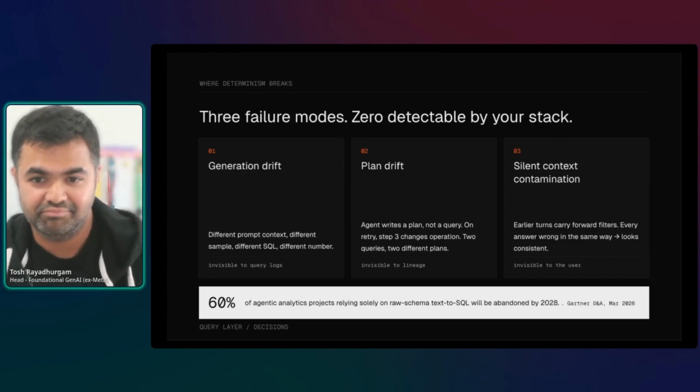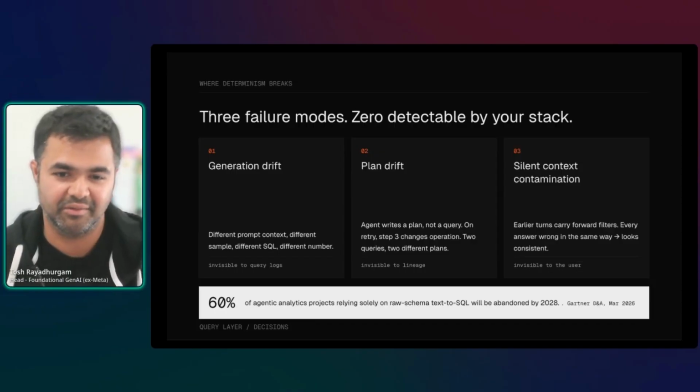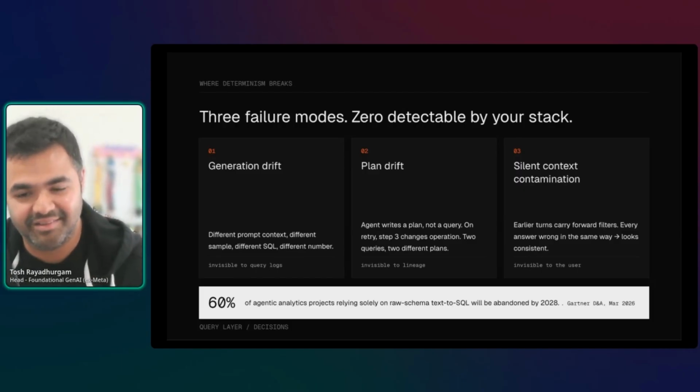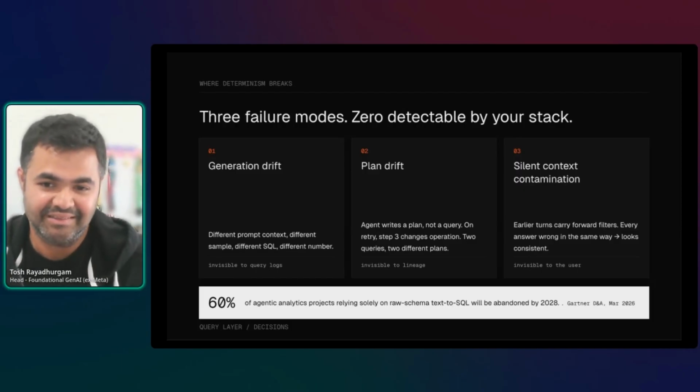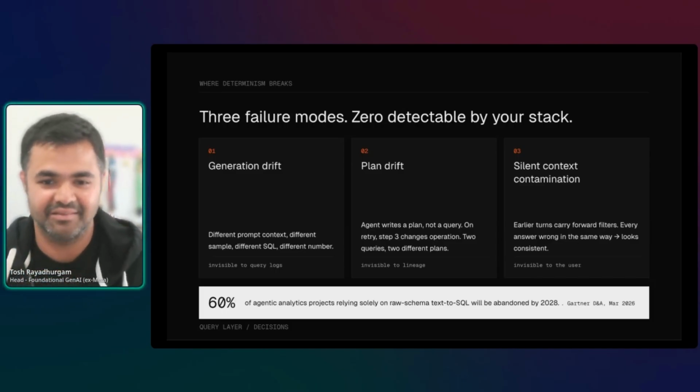And the last one is what I would call a silent contamination of context, right? I think this is the worst one, because the model is going to pick a filter early in the session. It was wrong, and now every subsequent answer in the session carries that filter forward.